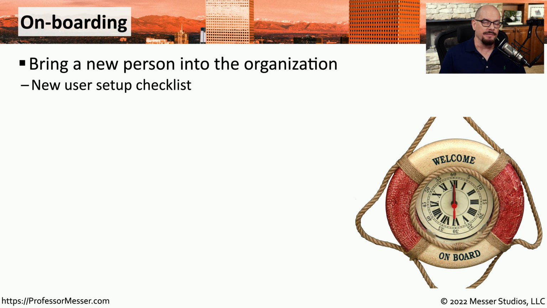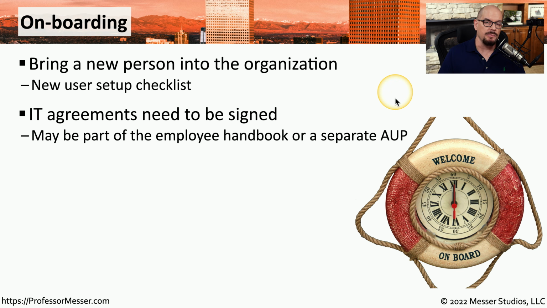A good example of a set of standard operating procedures might be the process that occurs when you hire a new person. This is the onboarding process, and it ensures the new hire will have everything they need to get started on their first day of work. The steps in this onboarding process may include some IT agreements that need to be signed by the new hire.